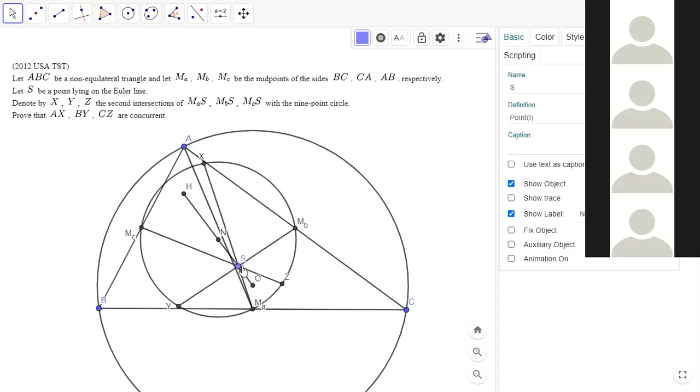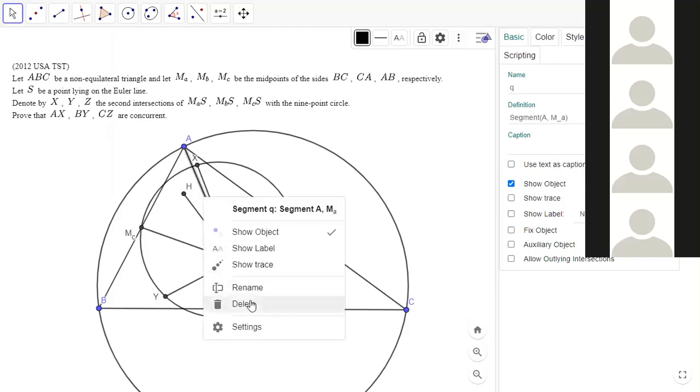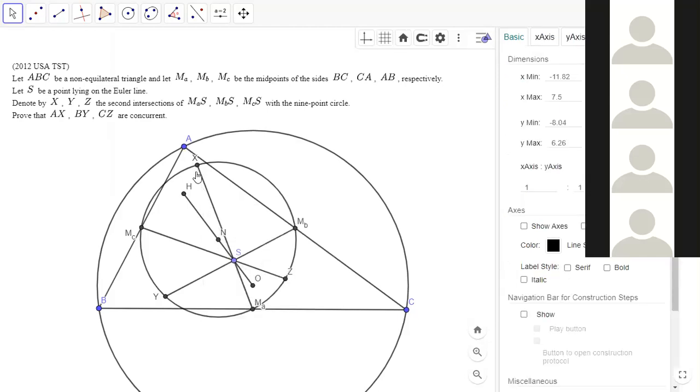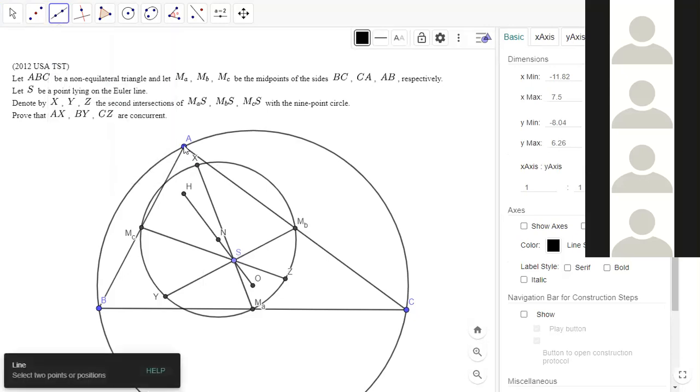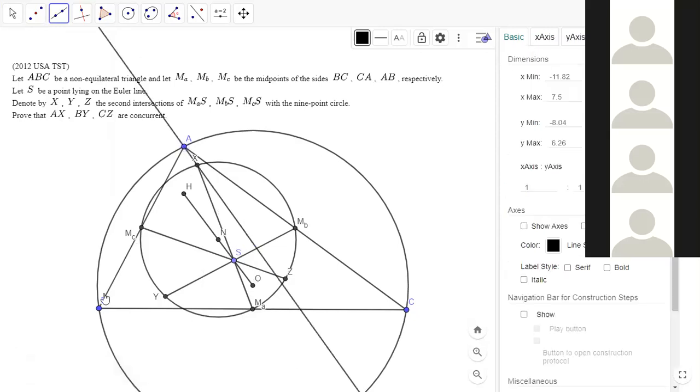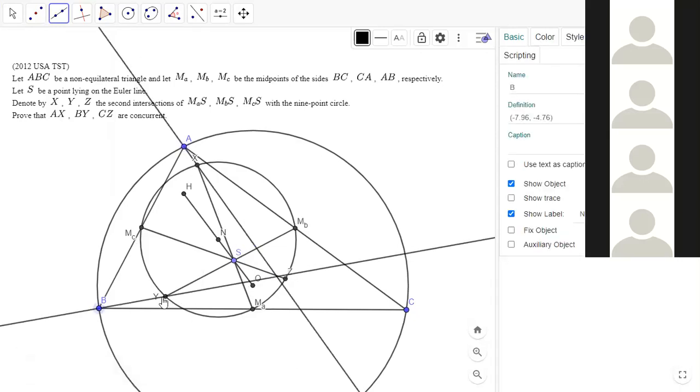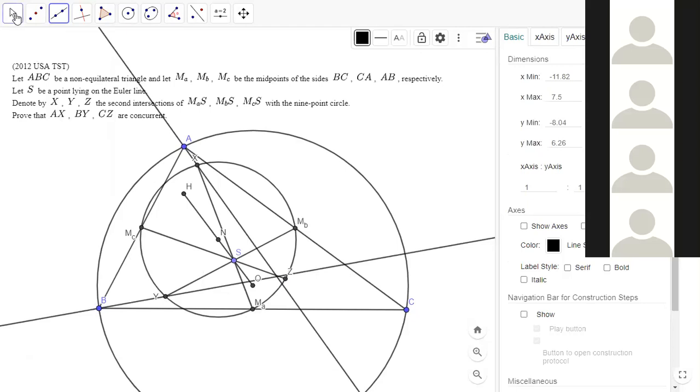What is the locus of intersection? Maybe we can use it. So the locus of the intersection of AX, BY, and CZ. Let's see.